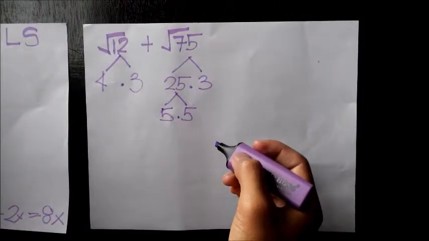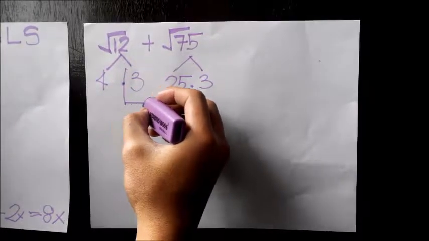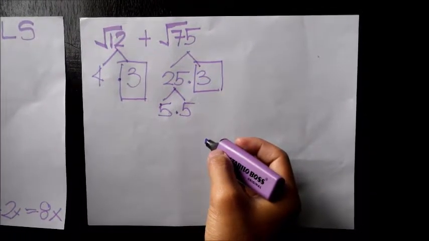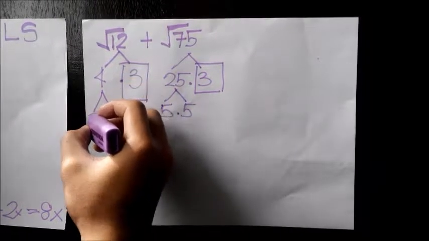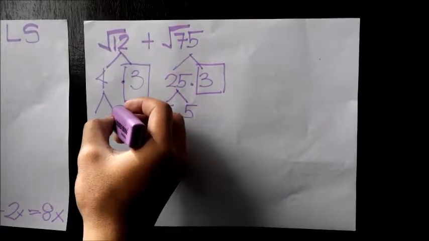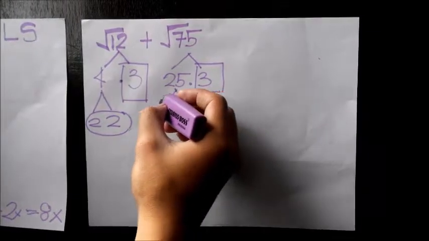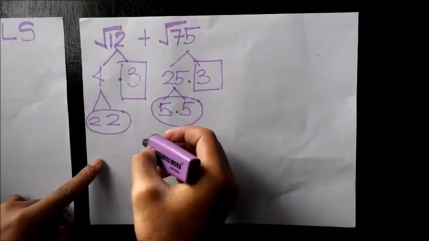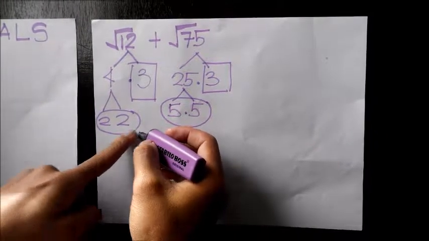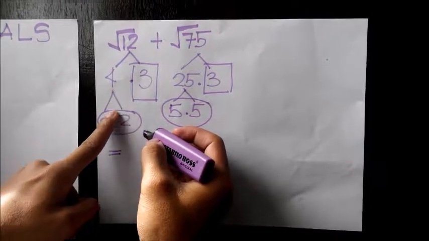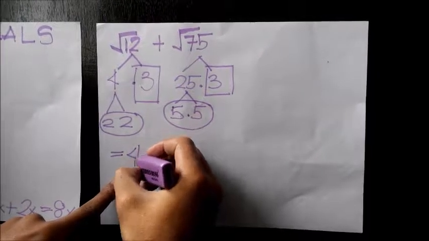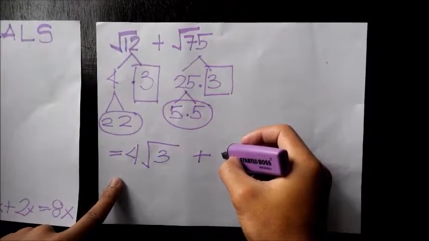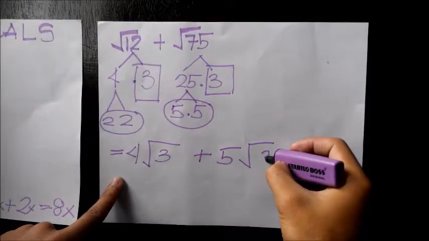So there, we notice that we have the same factors here. What we're going to do is take the square roots of 4 and 25 and move them outside. 4 square root of 3 plus 5 square root of 3.